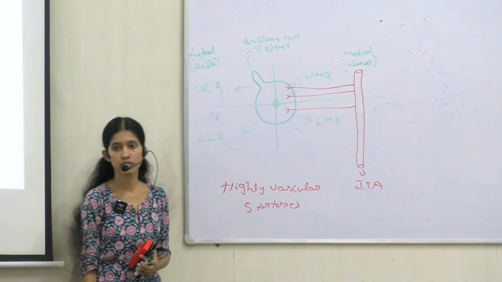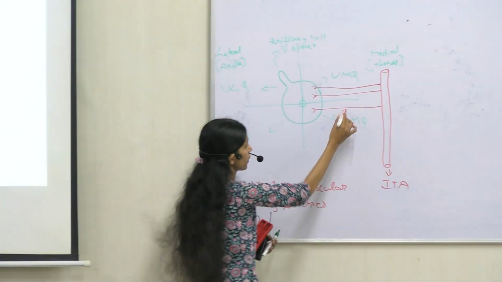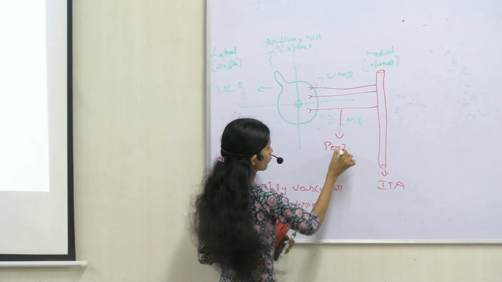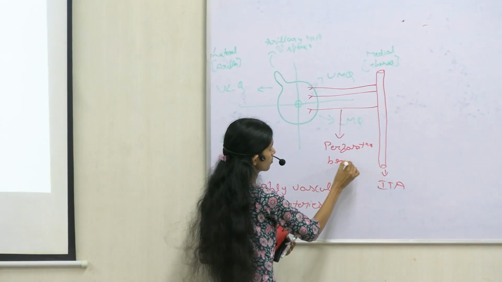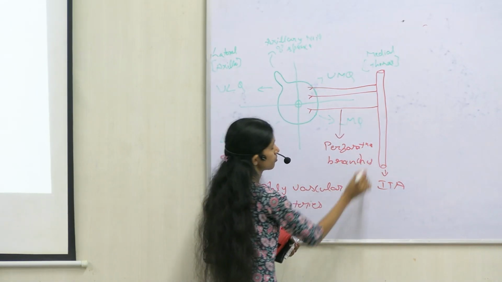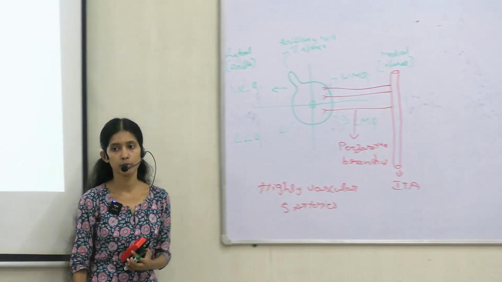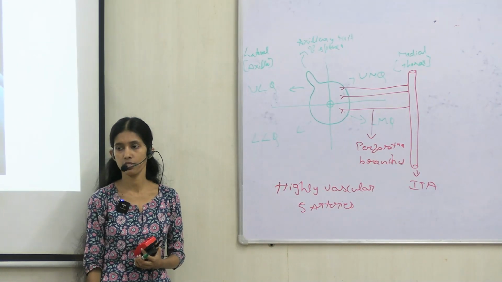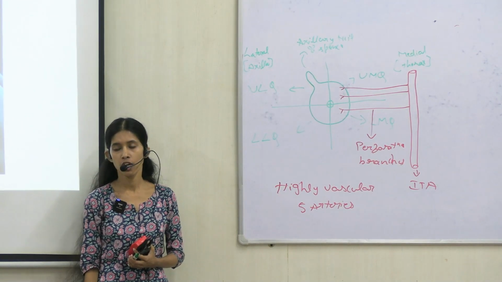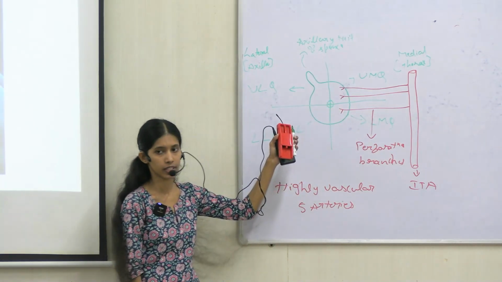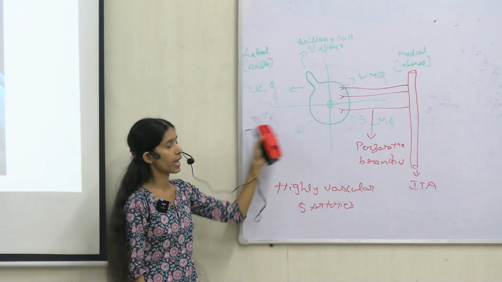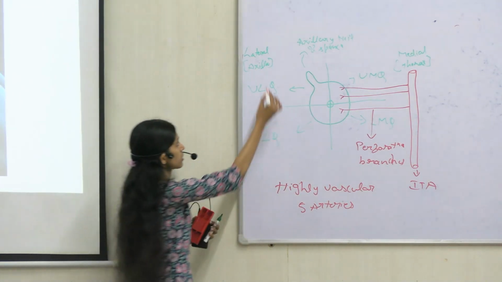These branches are called perforating branches. Perforate means small. Okay, these are referred to as small branches from the internal thoracic artery which supply your mammary gland. Okay, on the axilla side we will get the axillary artery.